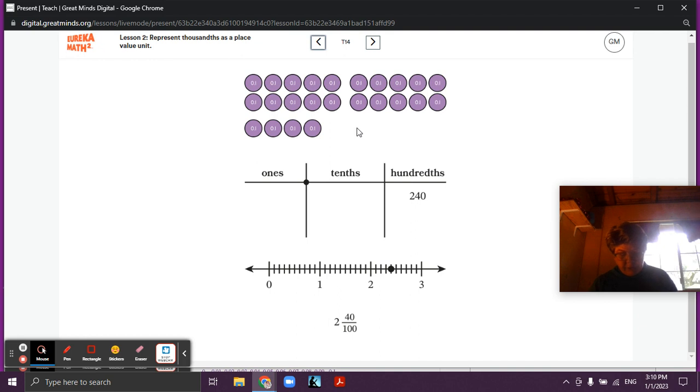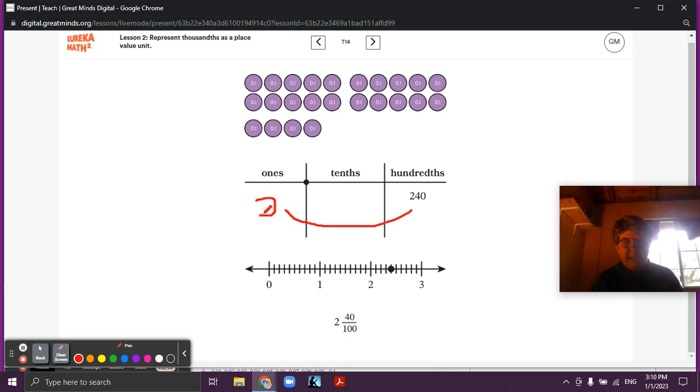On the place value chart, we could rename the 200 hundredths as 2 ones, right? So we could rename this one as 2 ones and 40 hundredths. 40 hundredths could become 4 tenths.